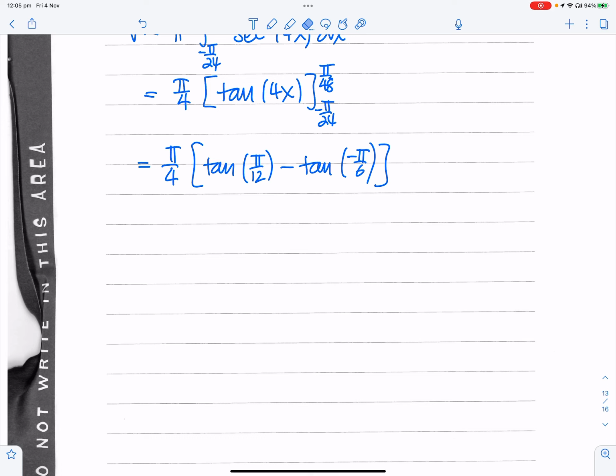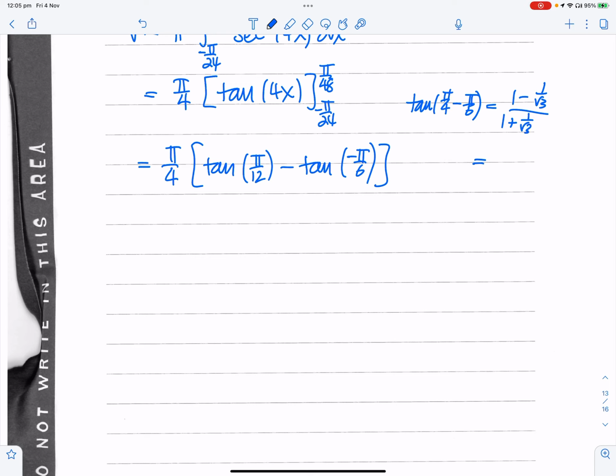Pi on 12 is basically 15 degrees, so 45 minus 30. So tan of pi on 4 minus pi on 6, which is tan of pi on 4, 1 minus 1 on root 3 over 1 plus 1 on root 3.